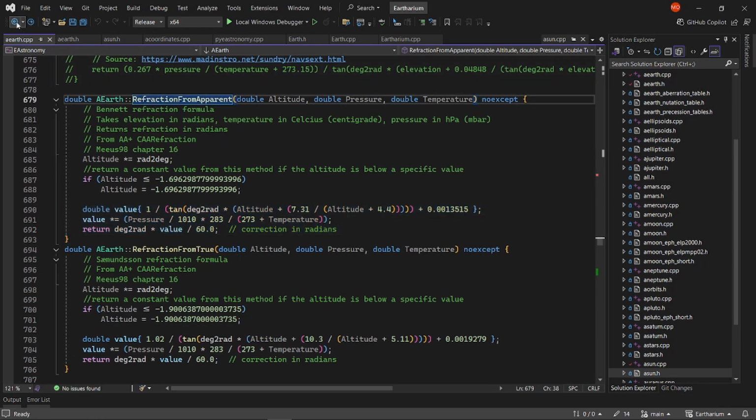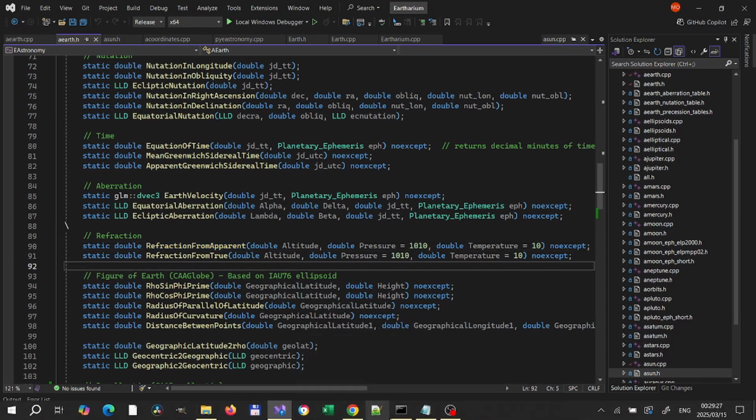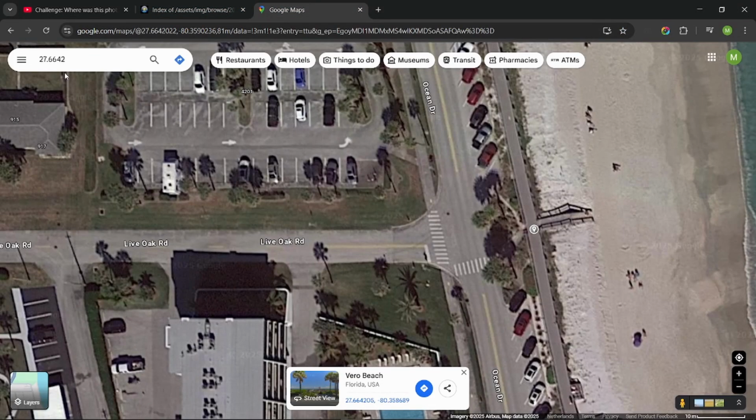And I think that covers pretty much everything. I'm curious to see how close I am in my estimate. Again, here we go. Latitude of 27.6642 north.